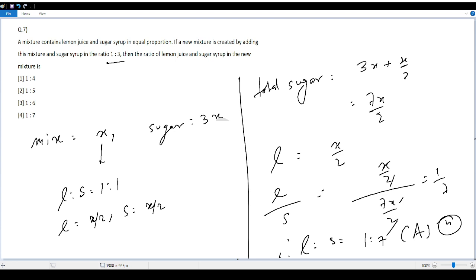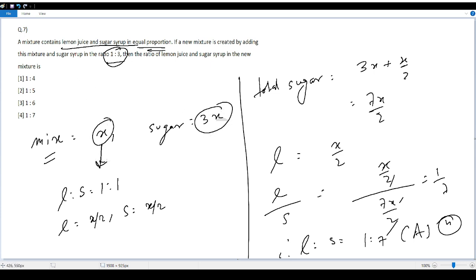Okay. If you are convinced with the process, that is not a problem. I felt this one to be easy, so I directly started with this. Here I have very good information, that lemon juice and sugar juice are in equal proportion. The new mixture and sugar syrup are taken in the ratio 1:3. So the amount of mixture taken is x, and the amount of sugar syrup taken is 3x.